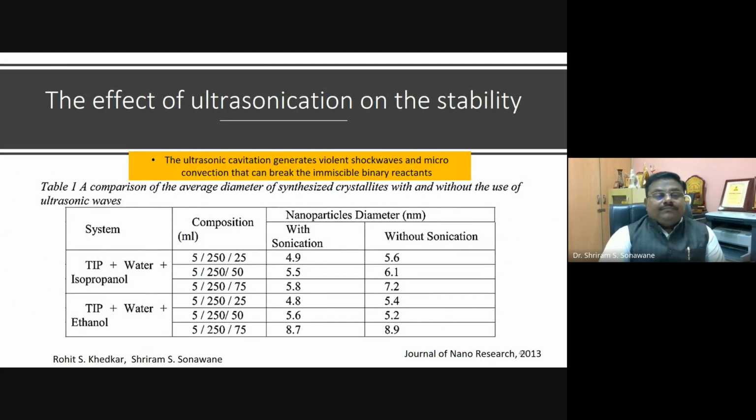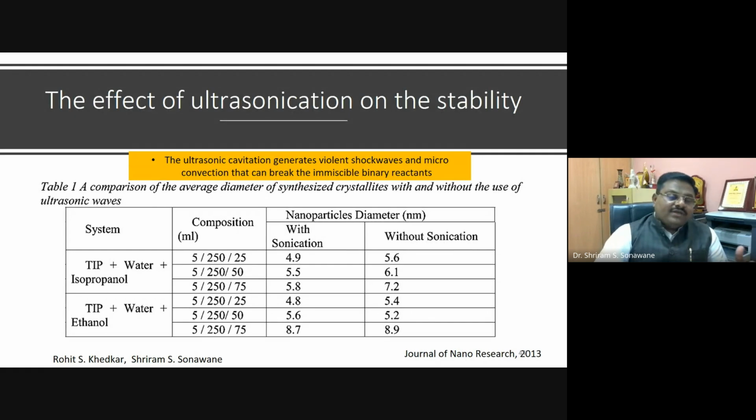Effect of ultrasound on the stability is also equally important, and the ultrasound cavitation generates violent shock waves and microconvection that can break the immiscible binary system. So if you see the effect of ultrasound on the stability, the agglomerated nanoparticles can dissociate from each other, and if you see the diameter, with ultrasonication 4.9 and without ultrasonication 5.6 on the right hand side.